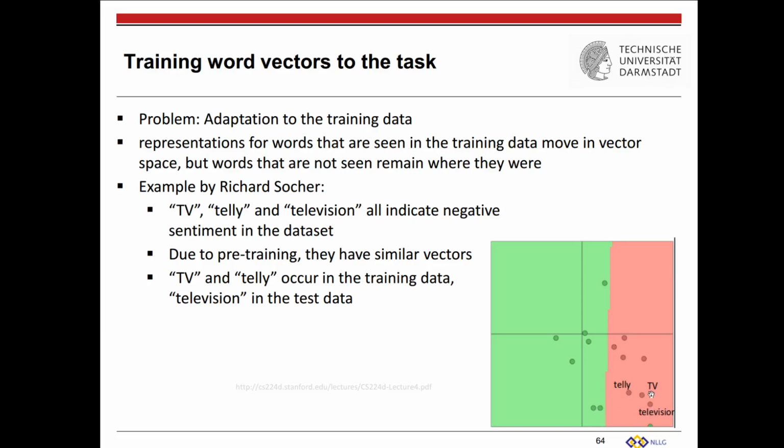So these are all synonyms. And let's say they are in our training set, and here's a decision boundary of a classifier. It says words on this part of the decision boundary are positive, and words on the other part of the decision boundary are negative. And now let's say that TV and tele actually occur in the training data, but television is only in the test data.